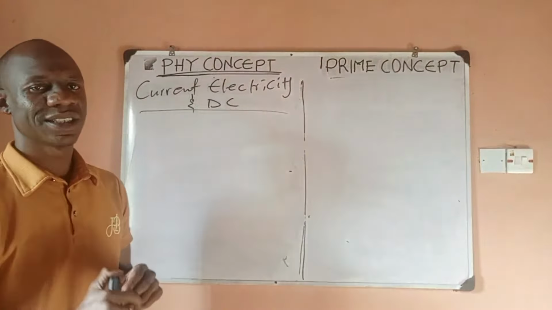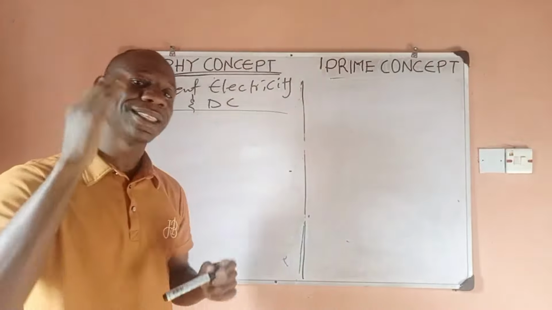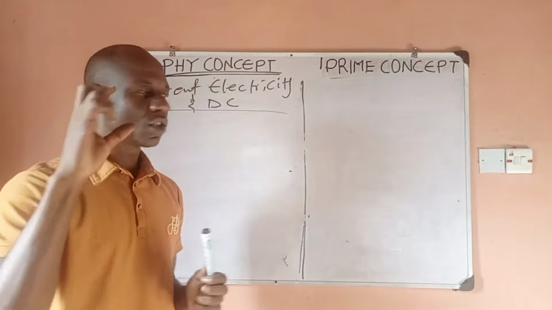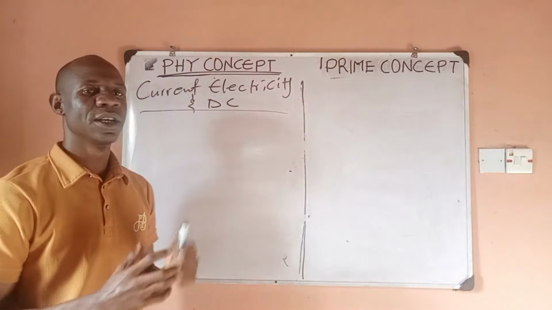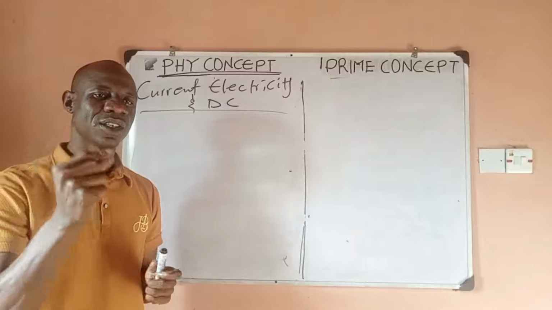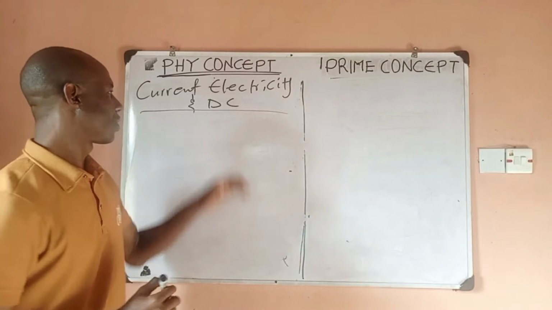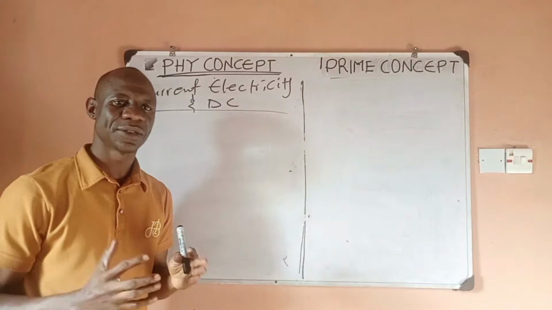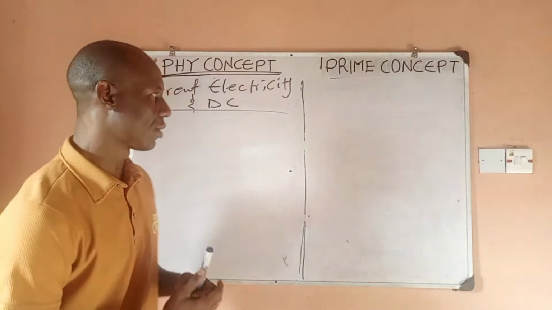Now quickly, what is current electricity? Current electricity is also known as dynamic electricity. So whenever you hear the word dynamic, it means something that is changing. So current electricity is the study of electricity with moving charges, or the study of flowing current, right?